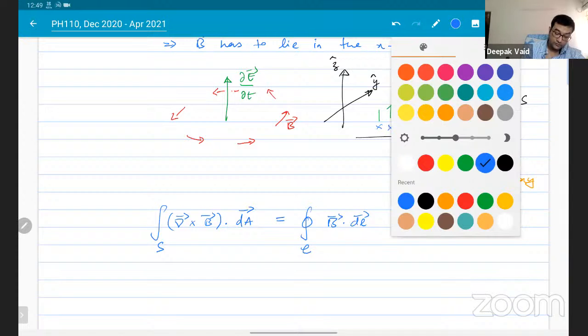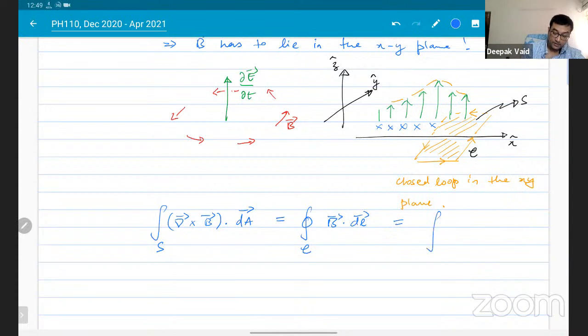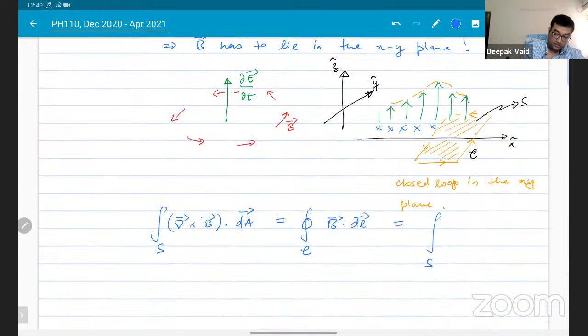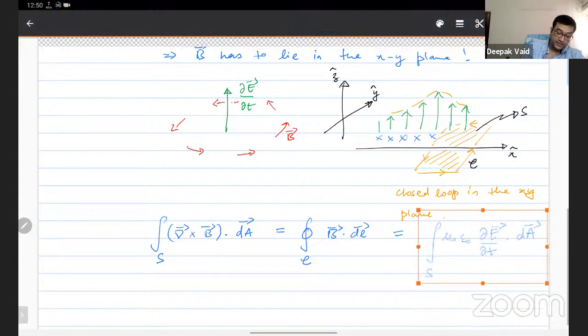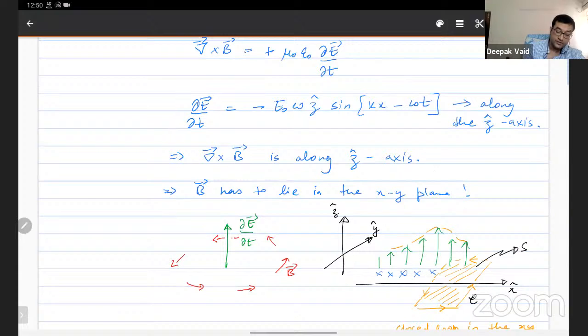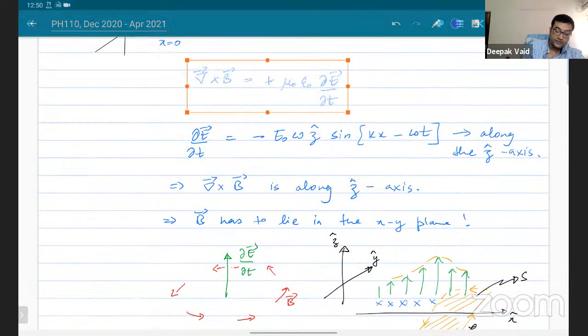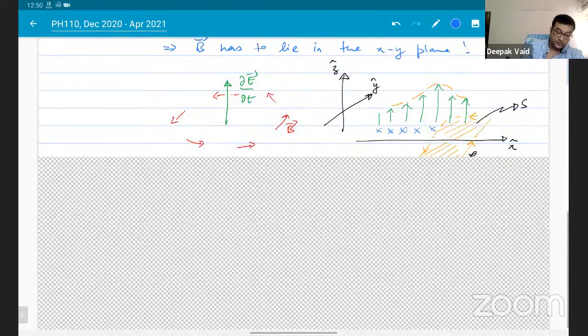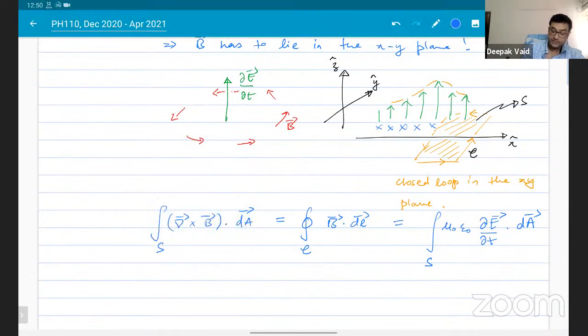And this is equal to the integral of mu naught epsilon naught dE by dt dotted with dA, by using the right hand side of this equation. This is Maxwell's equation. Because if I take the left hand side and find the flux, that gives me the right hand side. I have to find the flux of the right hand side also, right?